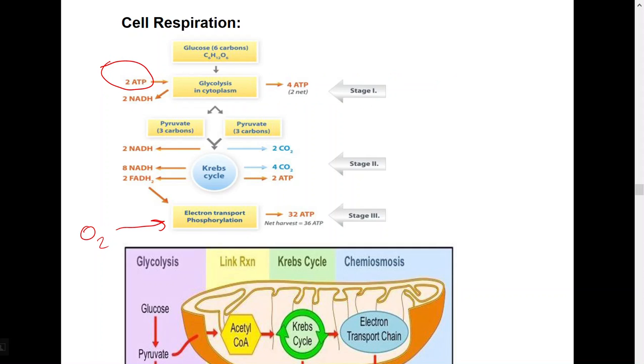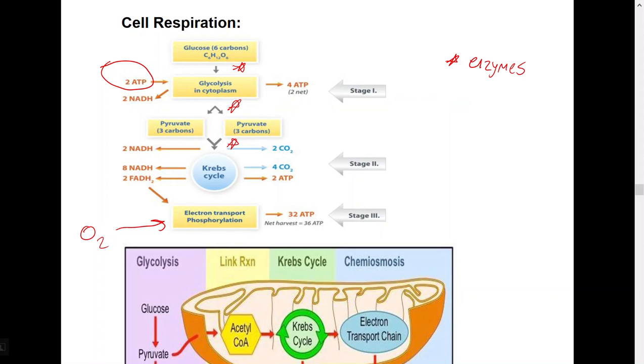The other thing is there are enzymes everywhere. Right here are enzymes. Big idea. Again, I can't promise anything about the AP exam because obviously I don't know what's on it, but I have a feeling that there's going to be something about enzyme regulation because it is so important in biology.